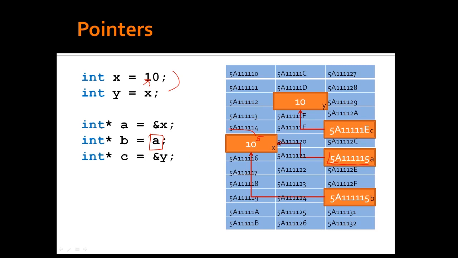We have this number, which is 5A1115, sorry, and then we're going to go ahead and copy it into b. Notice that for the address of y, which ends in E over here, we're going to take that address and store it into our variable c.